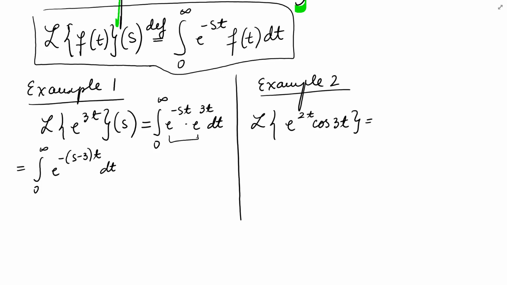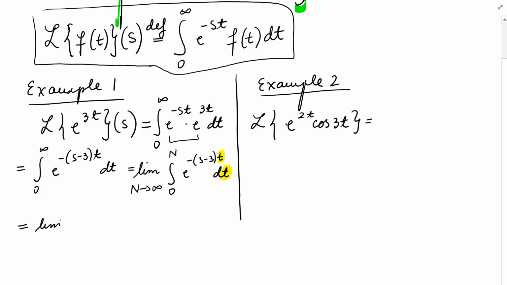So we end up with this integral, which we write using limits because it's an improper integral. It's the limit as n approaches infinity of the integral from 0 to n of e to the negative (s minus 3)t dt. This integral can be calculated easily because it's in terms of t. This is the variable, and negative (s minus 3) is considered a constant.